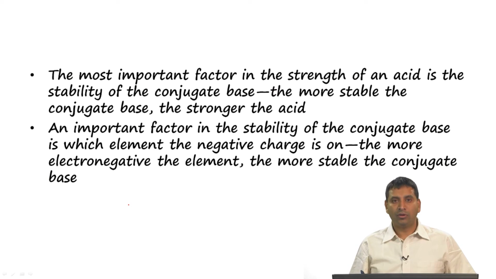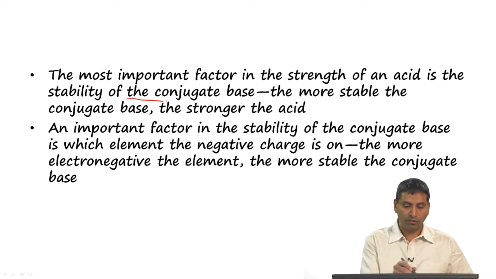So, to understand how differences in acidity are going to manifest, we would have to figure out what is the important factor in determining the acidity strength. The most important factor in determining the strength of an acid is the stability of the conjugate base.